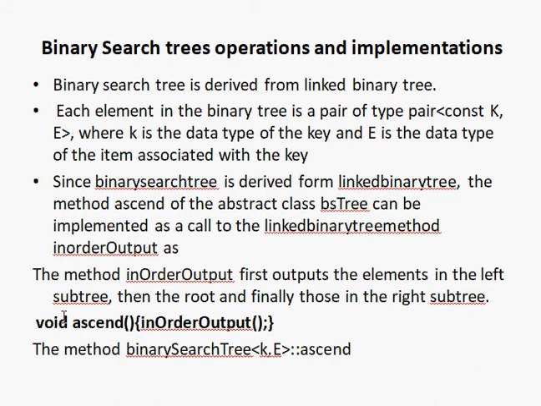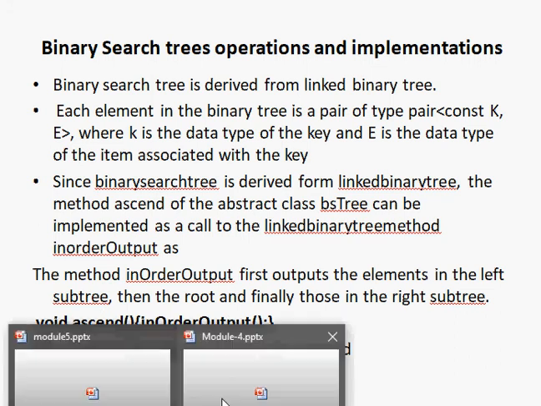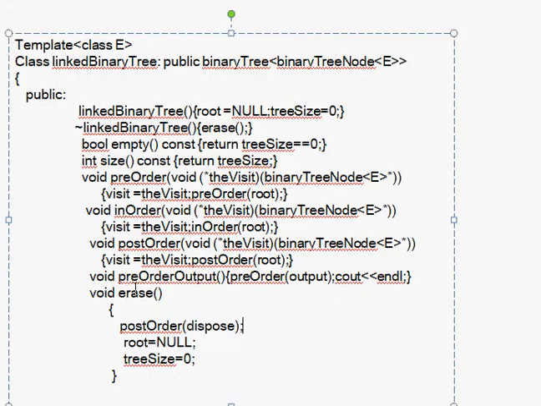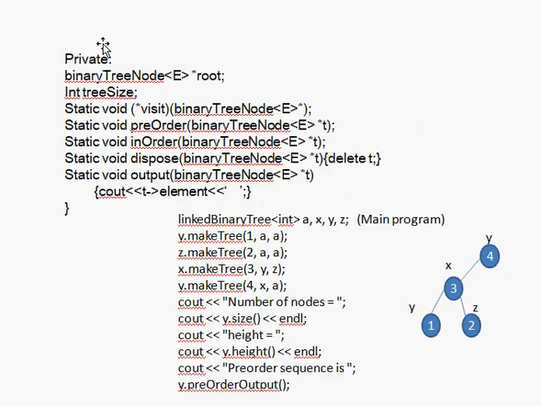So just remember this function, void ascend, which calls in-order output. From the exam point of view, you may have to elaborate what the in-order output function is. You may have to write first void in-order output, which then calls itself recursively.